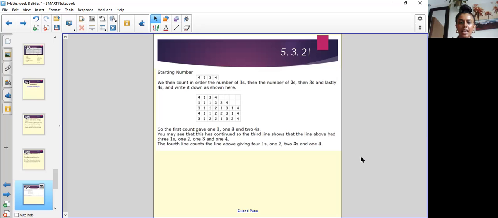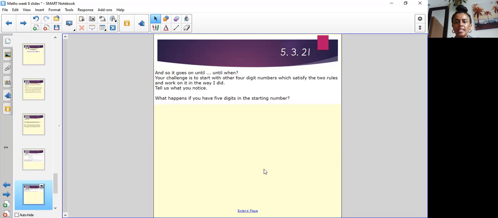The first count gave 1 one, 1 three, and 2 fours. You may see that this has continued, so the third line shows that the line above has 3 ones, 1 two, 1 three, and 1 four. The fourth line counts the line above, giving us 4 ones, 1 two, 2 threes, and 1 four.